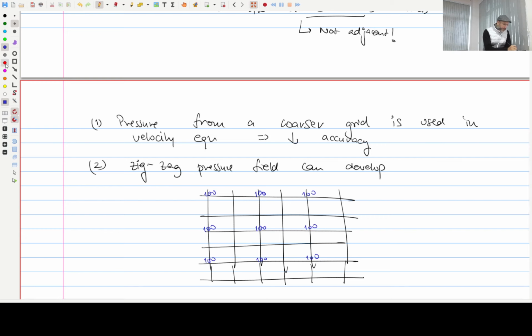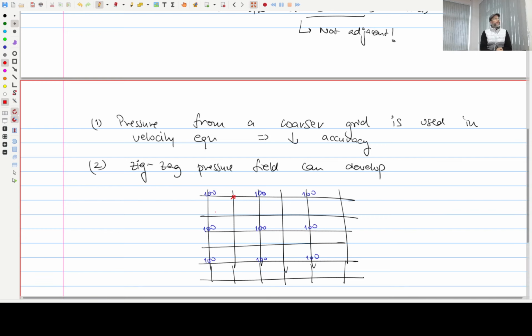So while calculating the velocity at this point, if this was our pth point, the red crossed one, then the pressure difference it sees is zero. It takes an east and the west node, and the difference is zero.